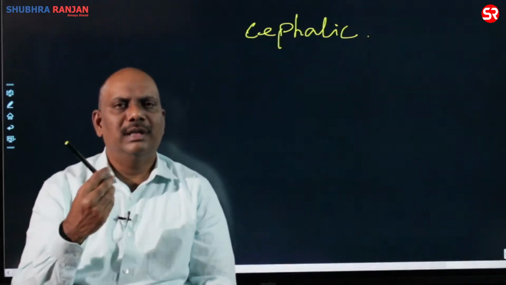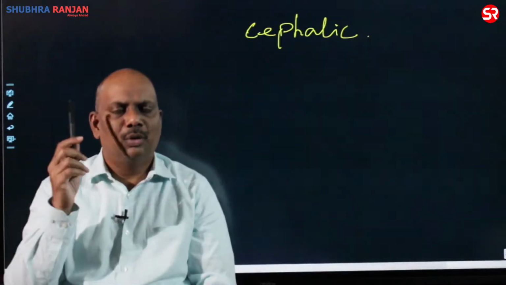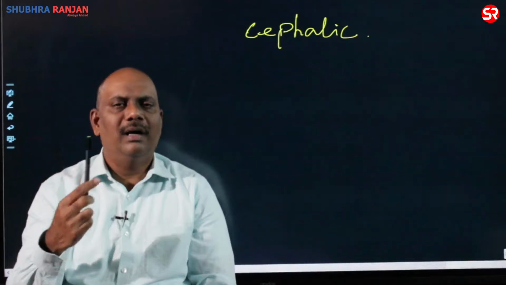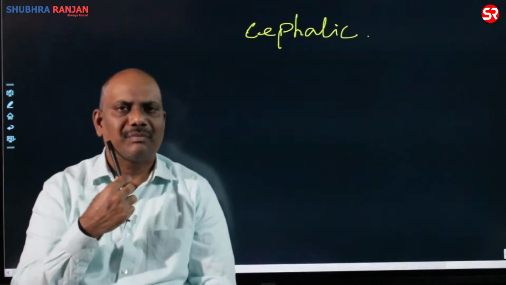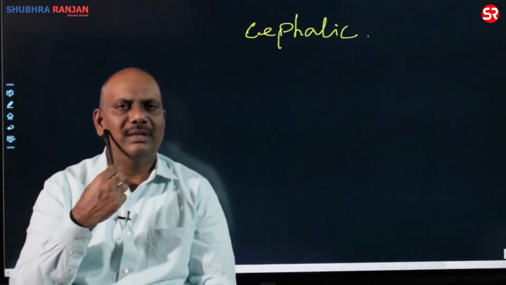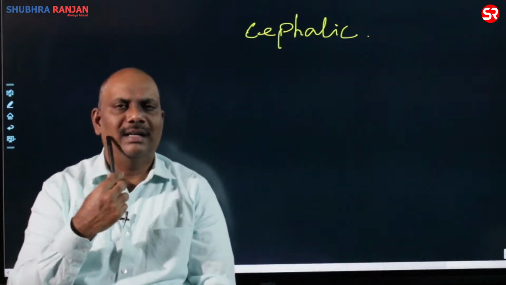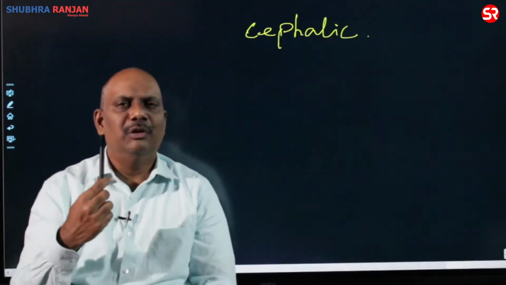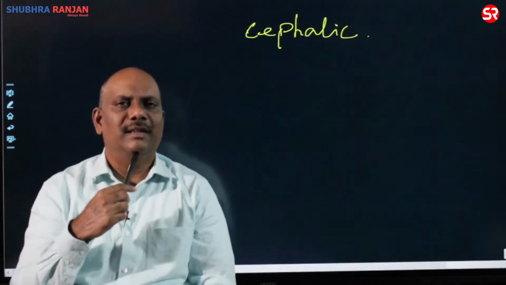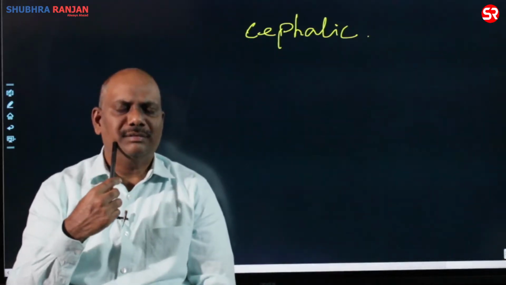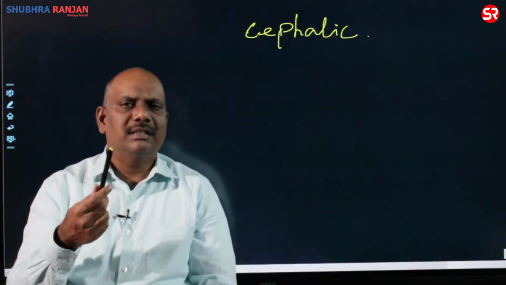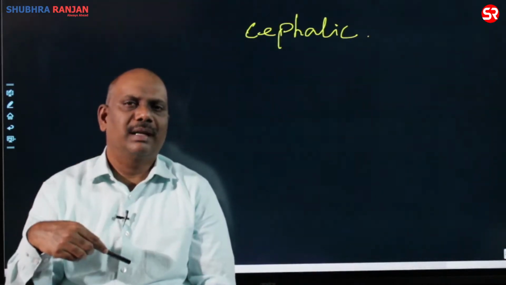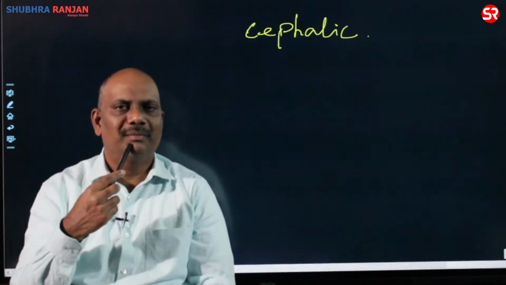There are a few more things to discuss in this cephalic region. That will be followed by the dentition, the teeth. How the teeth are arranged in the lower jaw. Is there any evolutionary importance in that? After finishing that, we shall discuss the post-cephalic or post-cranial features, everything below the head.